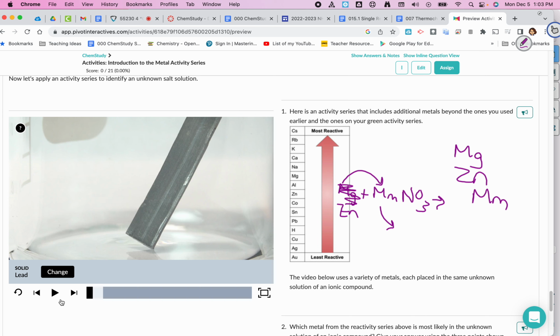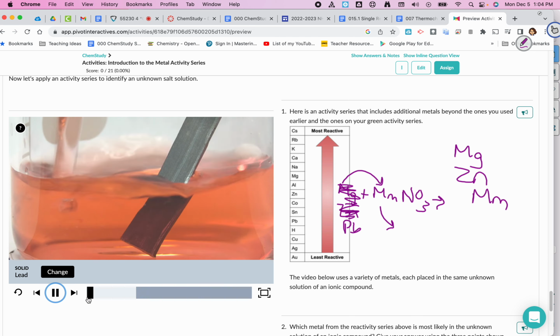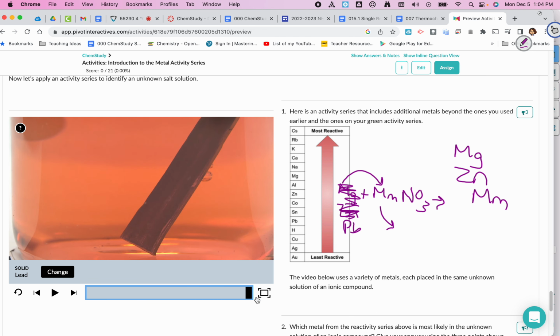So let's run a check with some lead. So I run this whole thing with lead, and I find out it does not react with lead. So it's got to end up between zinc and lead, and I think the only ones there that fit the bill are either cobalt or tin.